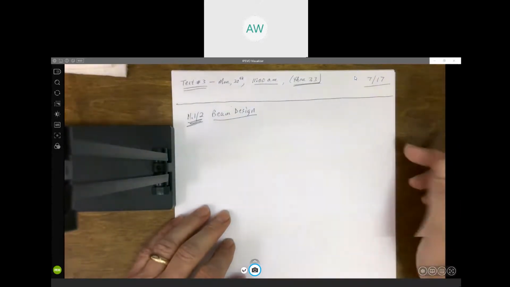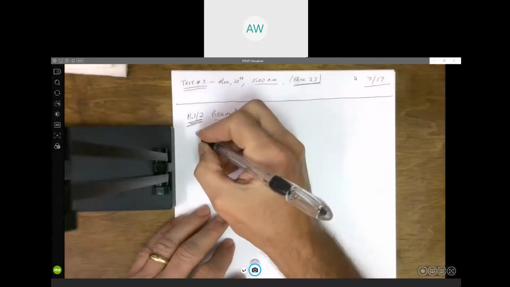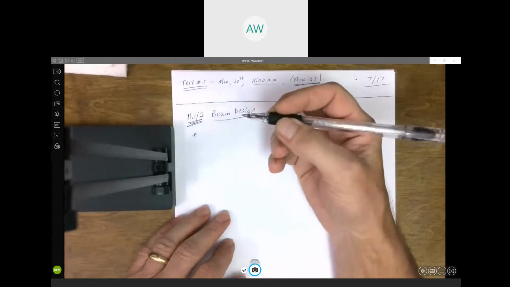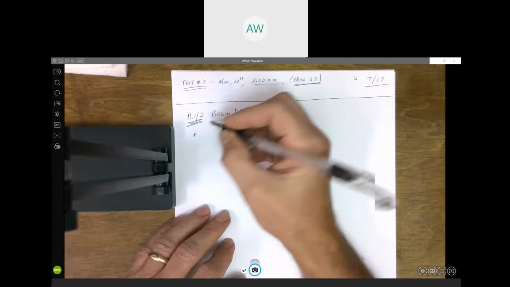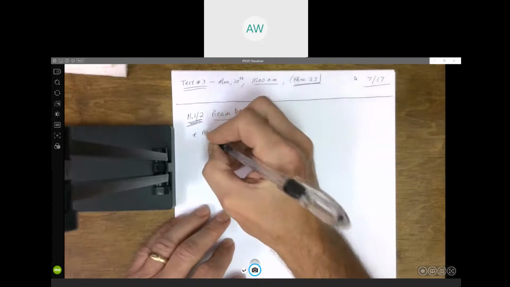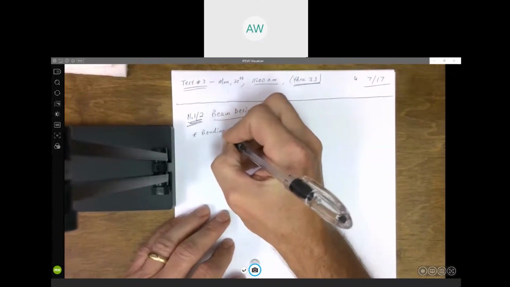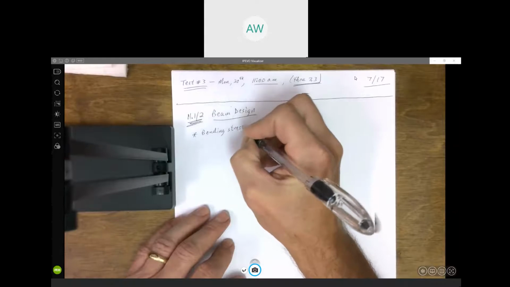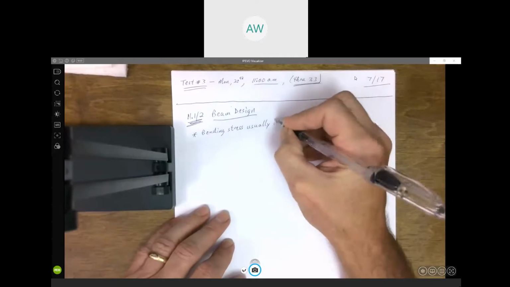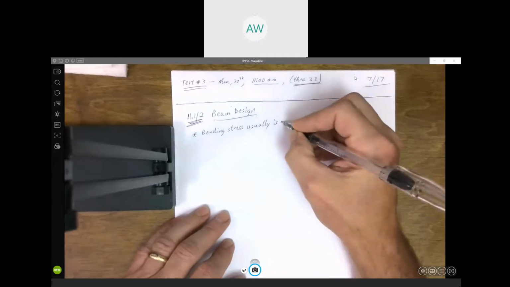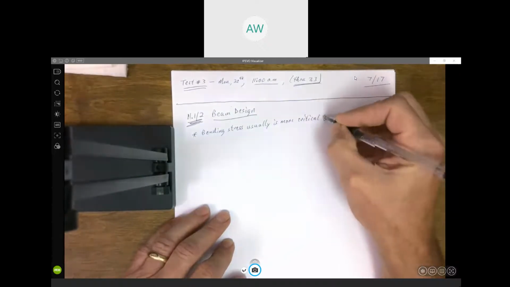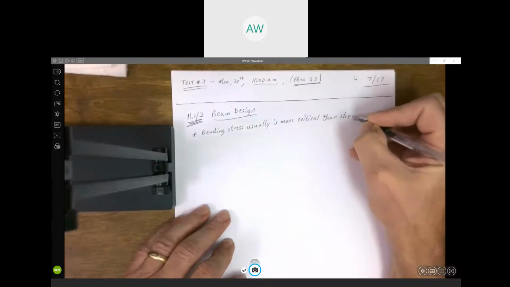But first, a general piece of information, and then we'll work an example. Again, there's really not anything new to learn here, just a general suggestion. Typically, when you're designing beams, you find that the bending stress is usually more critical than the shear stress.